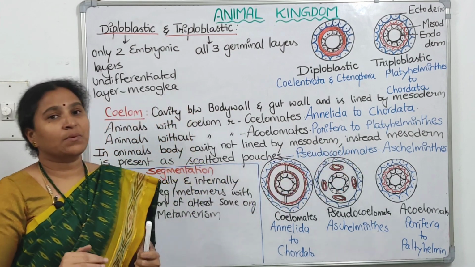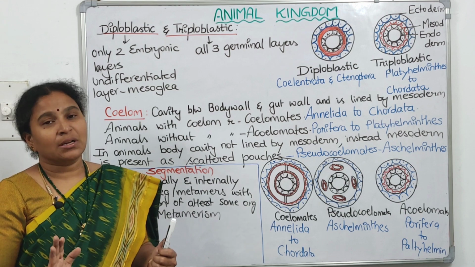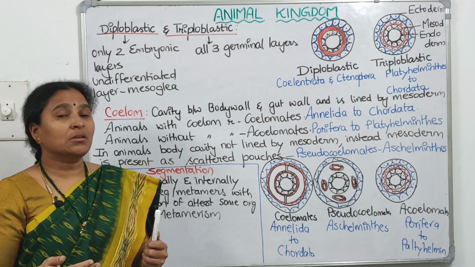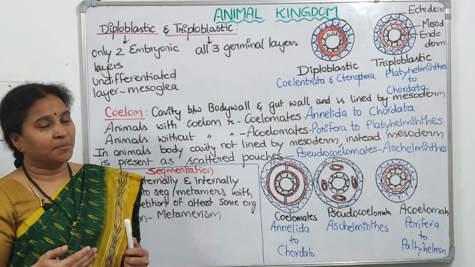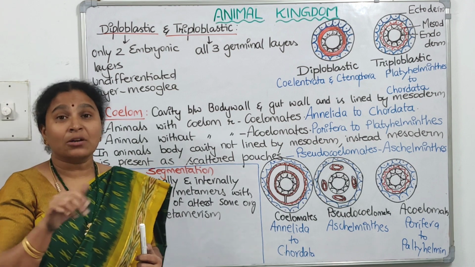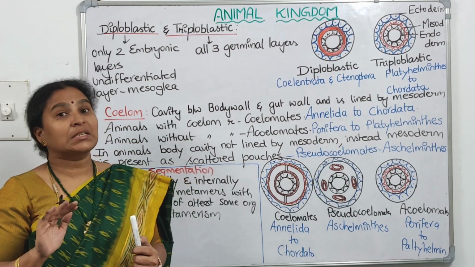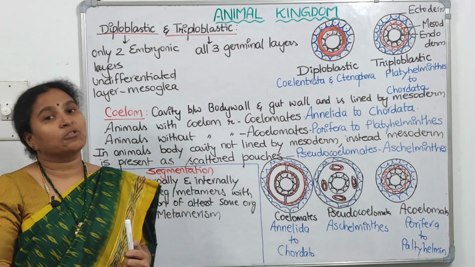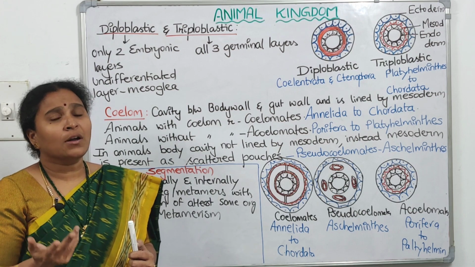Now coming to the next one, where coelom will be there, but it is not lined by mesoderm. And what happened to mesoderm? Mesoderm is present as scattered pouches between ectoderm and endoderm. So coelom is there but not lined by mesoderm. What is such a type of coelom called? It's a false coelom, right?